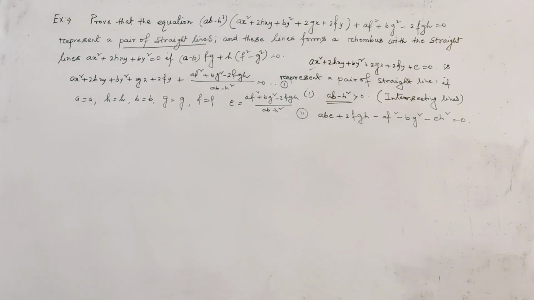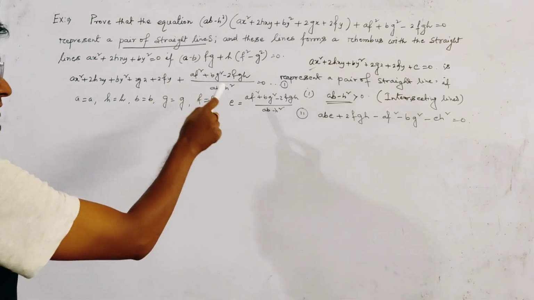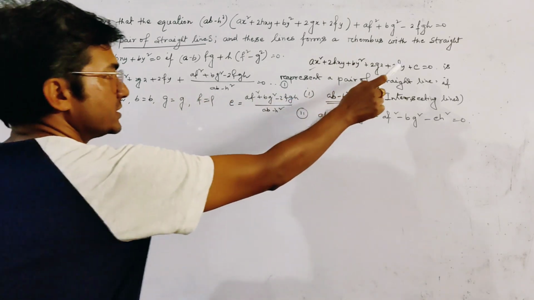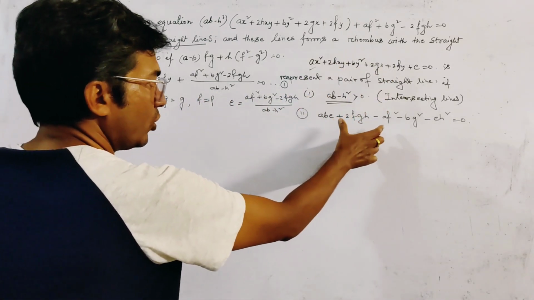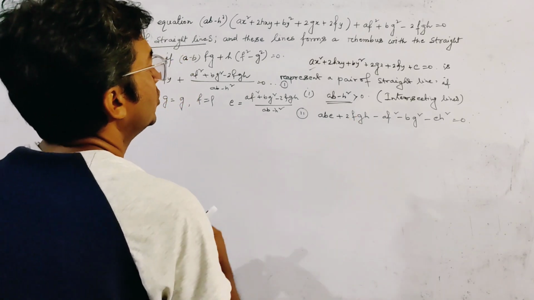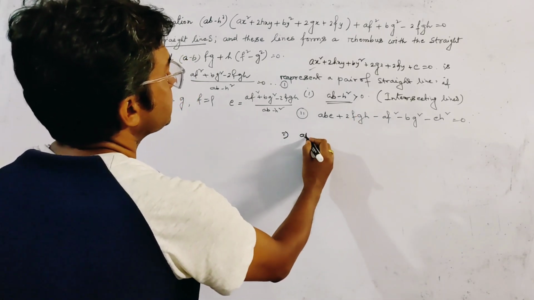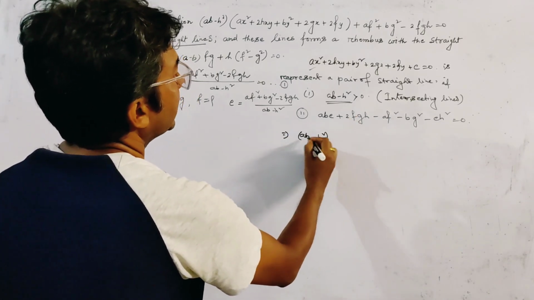Now, if we put the value of c on the left hand side of this relation, we can write it as (ab − h²) times c.